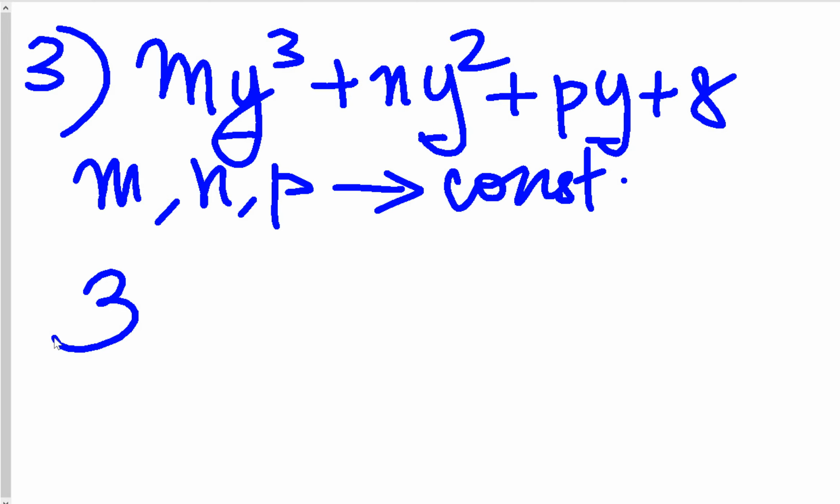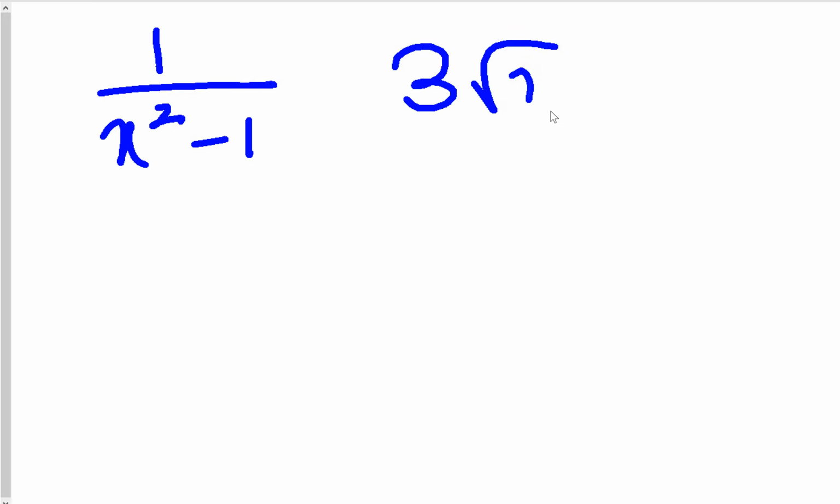There's another important note. Expressions such as 1 by x squared minus 1 and 3 root x minus 8 are not polynomials, because a polynomial always depends on the degree of the variable.